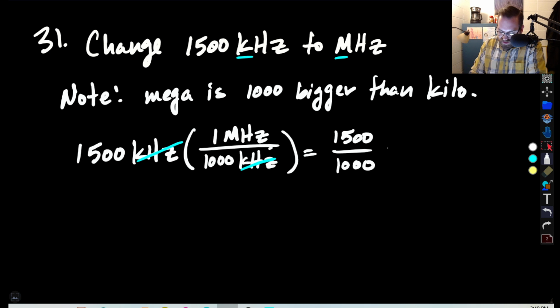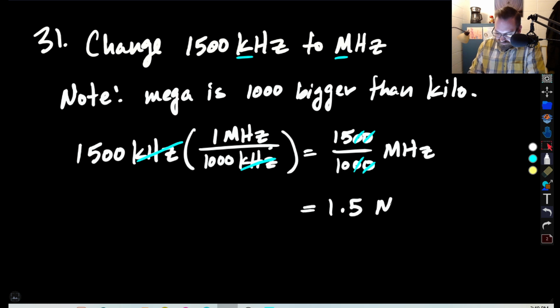This is going to be megahertz as a result. And the easy way to simplify this would just be to cross out the zeros, and then you get 15 over 10, which is the same thing as 3 halves, or 1.5 megahertz.